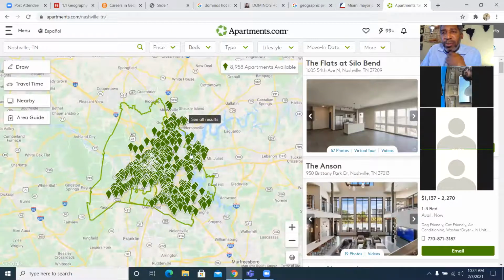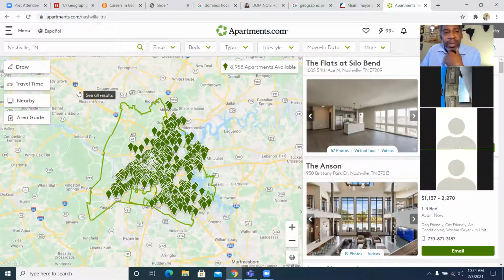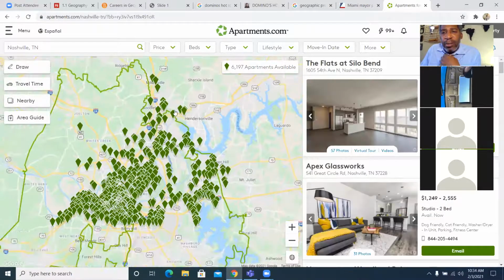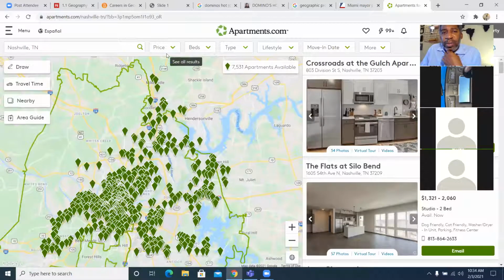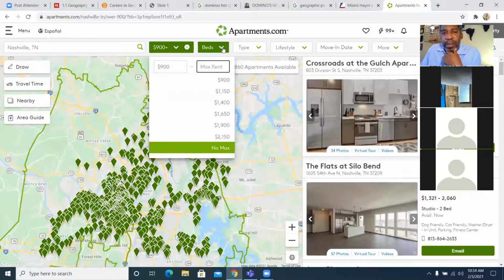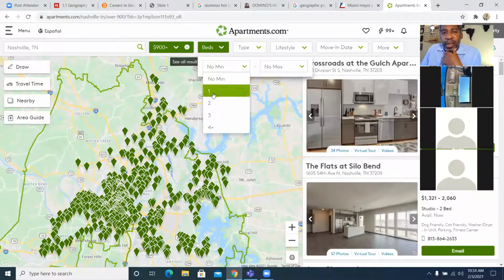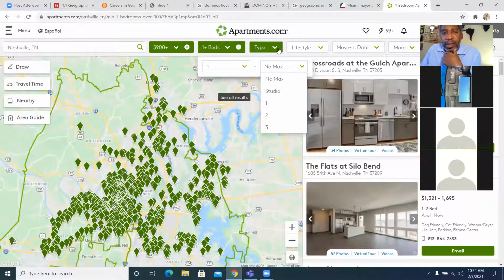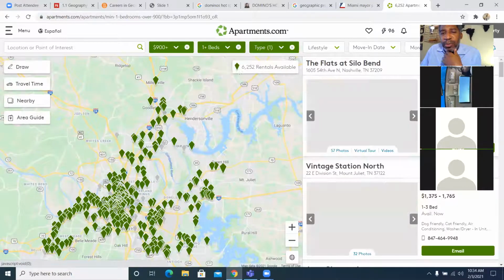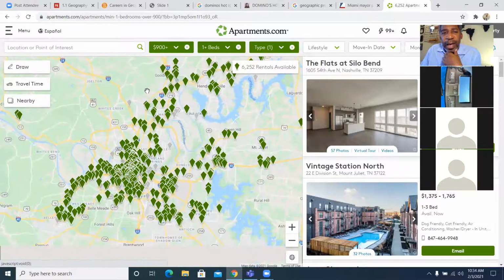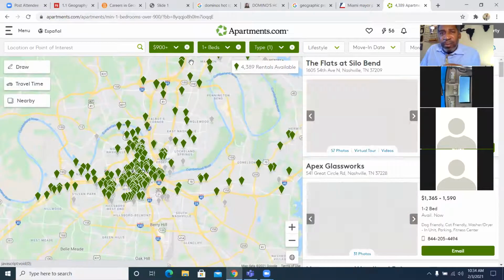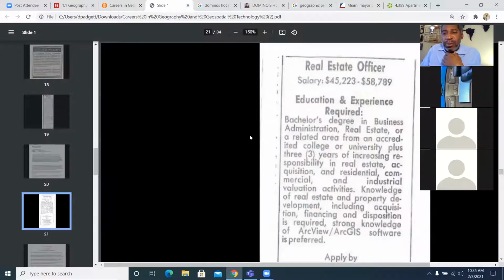And you can go on any kind of real estate site, and there's going to be a smart map, a GIS map on there, and you can go in and you can select specific price ranges, and you can select how many bedrooms you want, and then you can select whatever type, an apartment, and those are all what are called attribute data, and the map changes on the fly, and then you can zoom in. So every sector of real estate uses this technology.